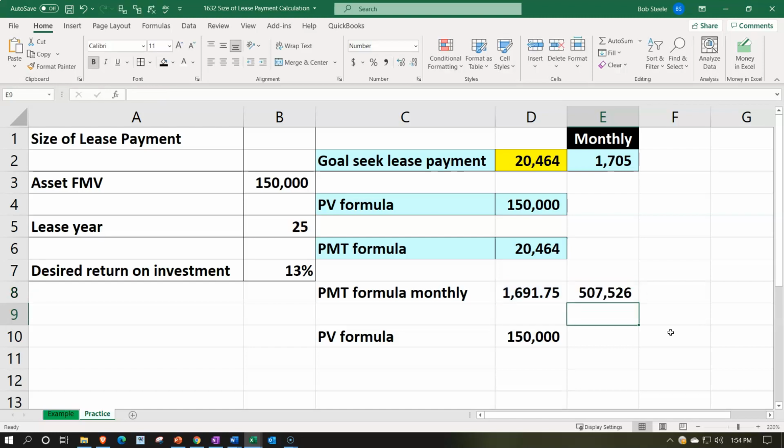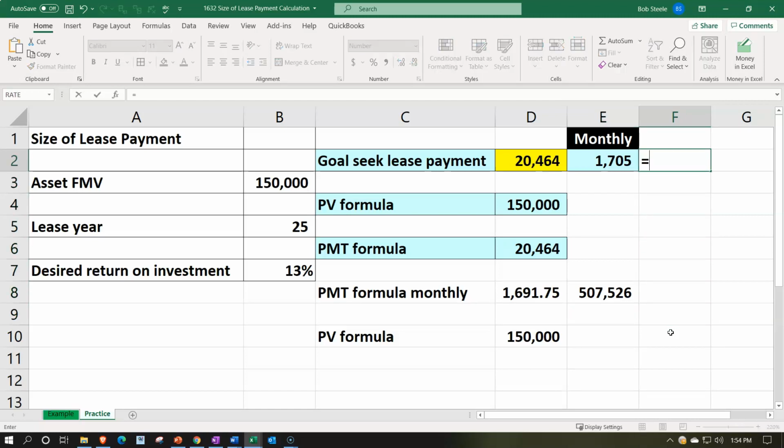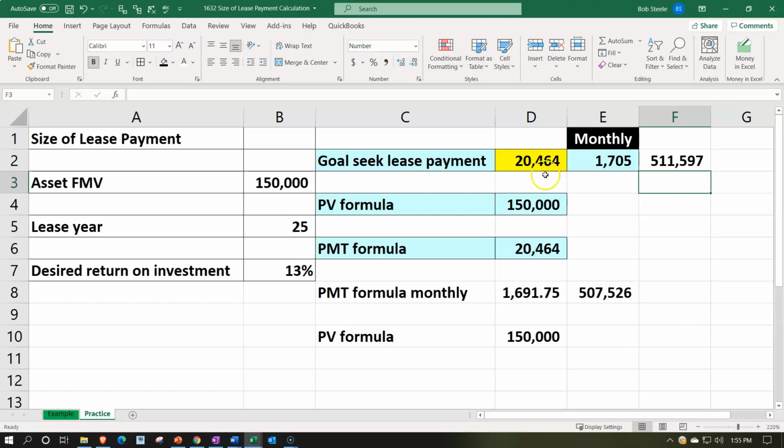So we'd be picking up the 507,526 versus this calculation, whereas if this was our monthly payment, we'd have the 1,705 times the 25 years times 12. You got the 155, so you come up to a different calculation slightly due to the fact that this one we calculated on a present value on a yearly basis versus the monthly basis, slightly different number on those two calculations, this one being more of an approximation than down here.